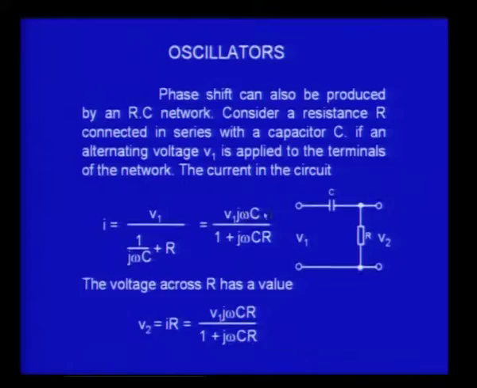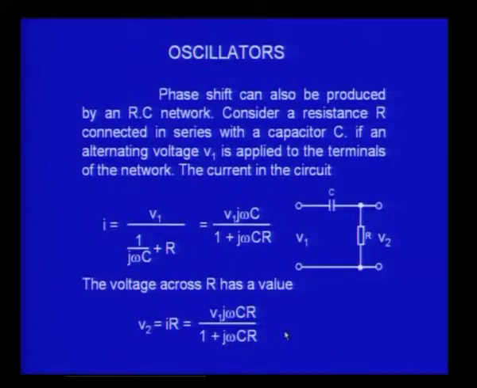So, when I now simplify this, it becomes V1 j omega C divided by 1 plus j omega C R. This is what I get. So, the voltage across R has a value V2 equal to current into resistance, again Ohm's law. So, I into R. Now, if you multiply this I by R, you get V1 j omega C R divided by 1 plus j omega C R.